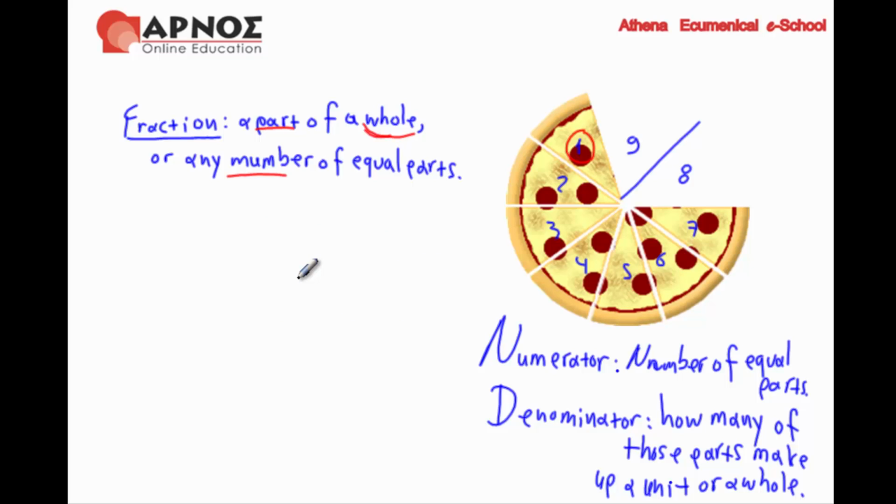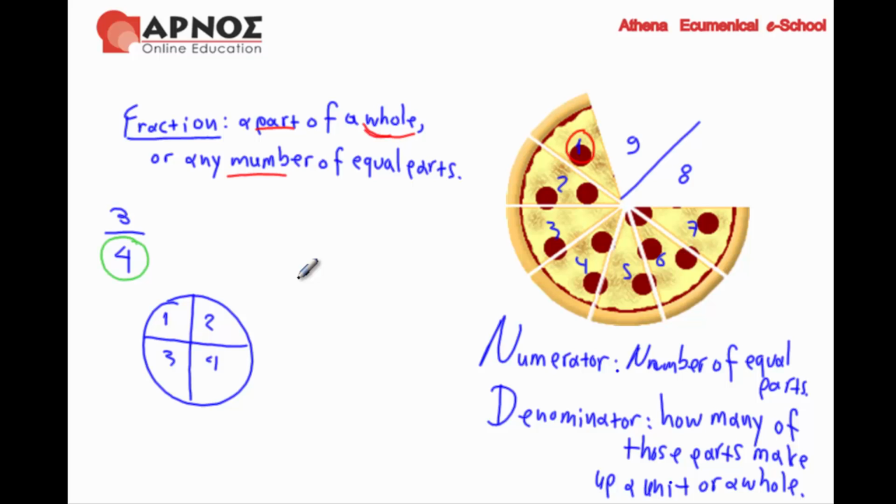For example, if we write the fraction whose numerator is 3 and the denominator is 4, that means that we have used a pizza or a birthday cake which consists of 4 parts, 1, 2, 3, 4. So this is the denominator, which, as we said, describes how many of those parts make up a unit or a whole.